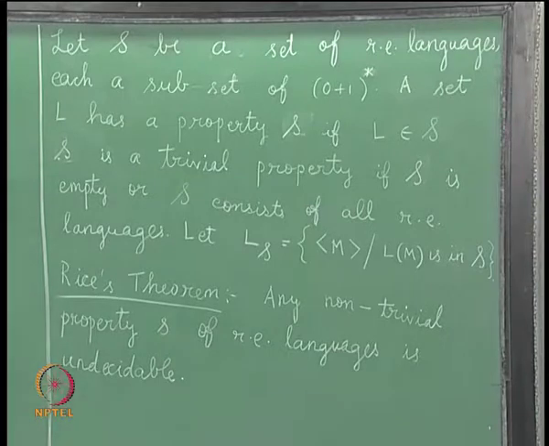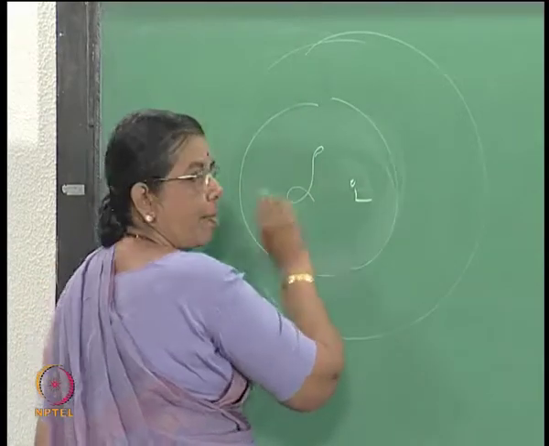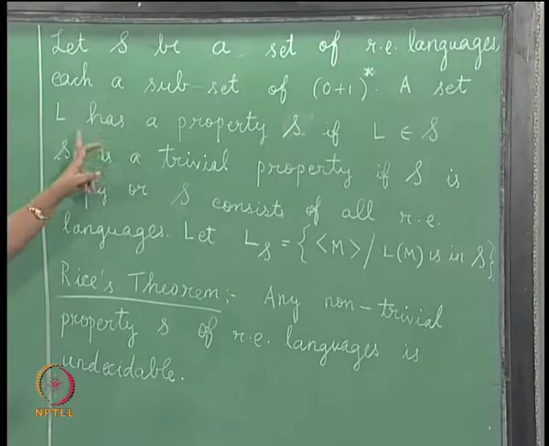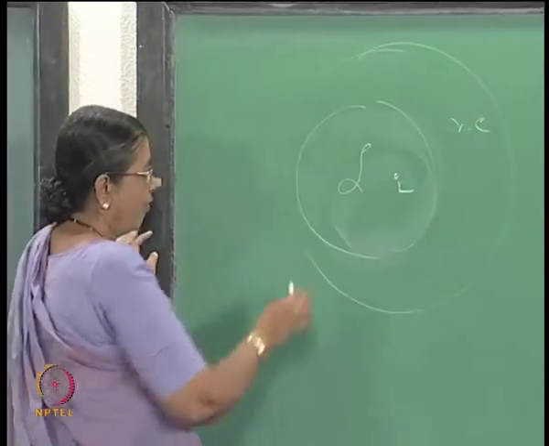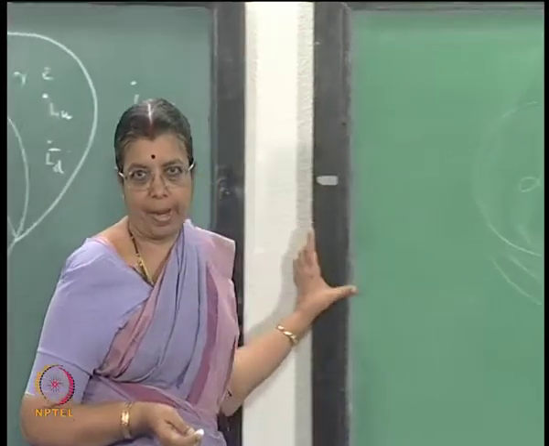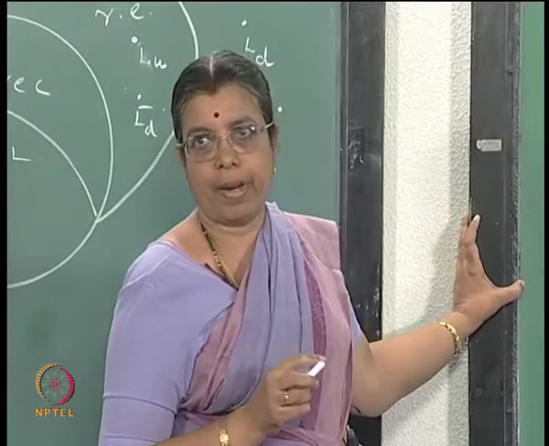Now, a language L has the property S if L belongs to S. S is a trivial property if S is empty or S is equal to the whole family of recursively enumerable languages. S is a subset of RE. Now, if S is equal to the whole set or if S is empty, it is a trivial property. Otherwise, it is a non-trivial property.